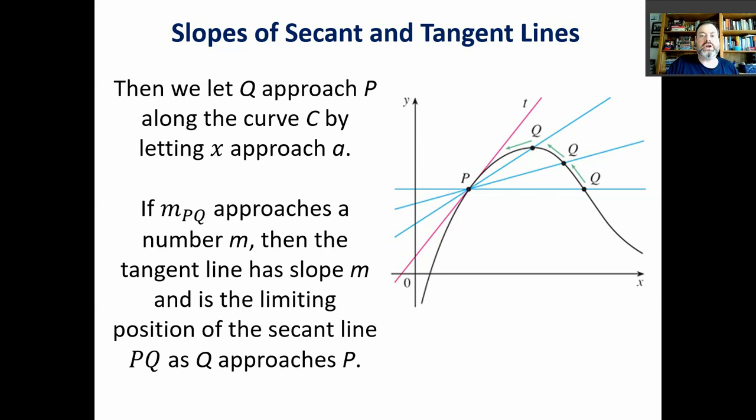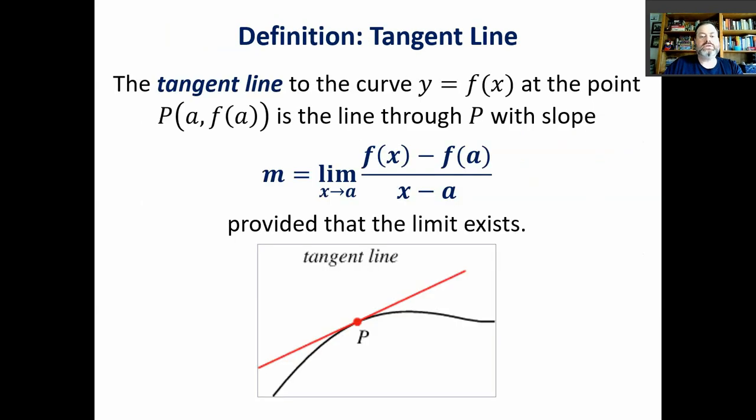We're going to look at the general form of this. We're going to define the tangent line as the line that is tangent to the curve at the point P. And the slope is just the limit of the MPQ, right?